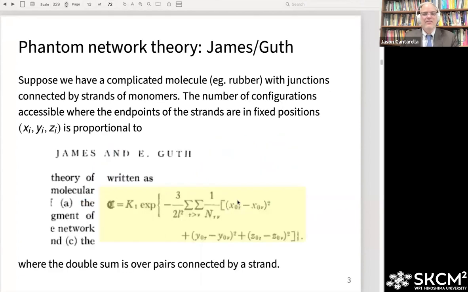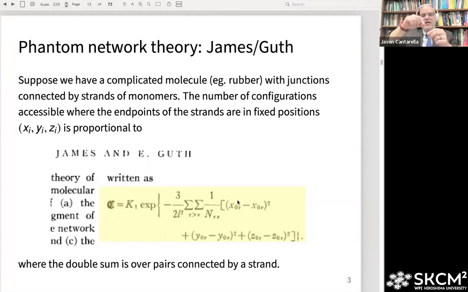So the first model for this goes back to the papers of James and Guth in the 40s. And they made the following sort of physical argument. Suppose you took a strand of this thing and you held the endpoints fixed, and you thought about what happened to the monomers in the middle as they fluctuated subject to their ends being held. So there would be some volume of space that was accessible to this intermediate strand.